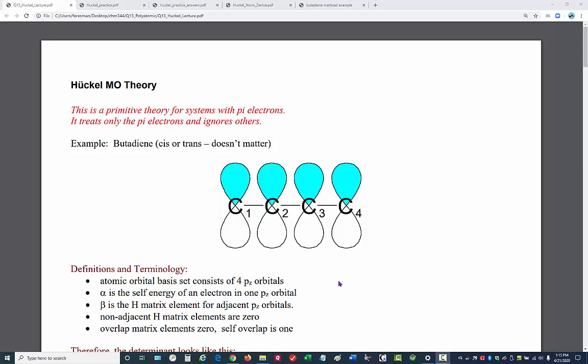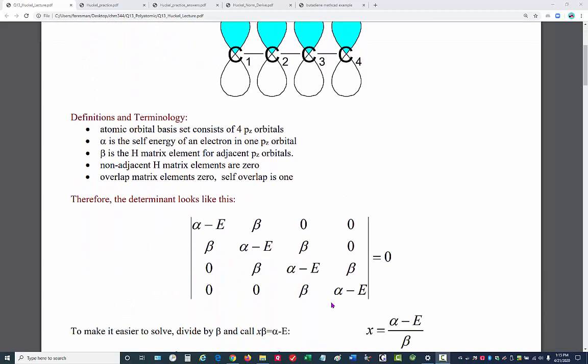So putting that all together, let's show you what the secular equation would look like for solving butadiene. There are 4 basis functions. Therefore, it's going to be a 4 by 4 matrix. And using these definitions now, we can set that up.